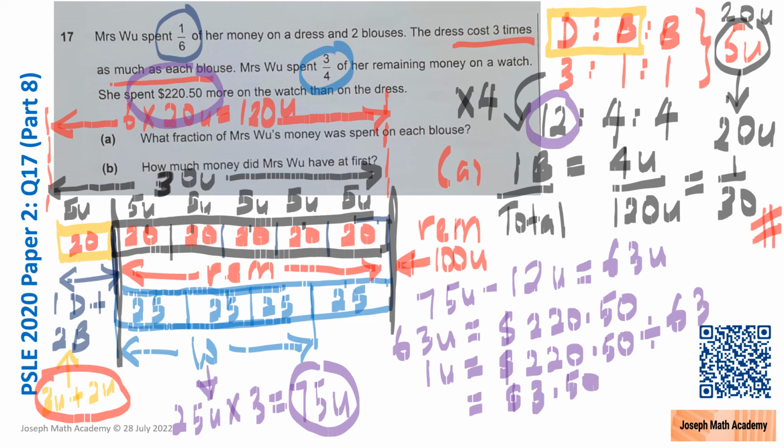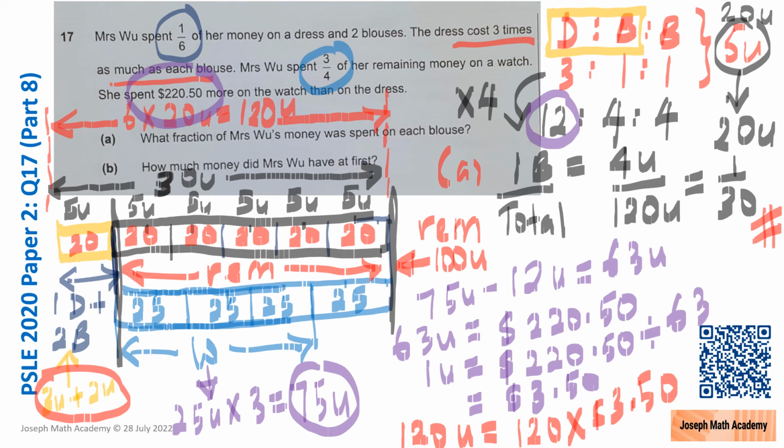Now, Mrs. Wu's wallet at first has 120 units. If you look at the original model, after common multiples and all that, 120 units should be 120 multiplied by 350. So 120 times 350 is already our answer.